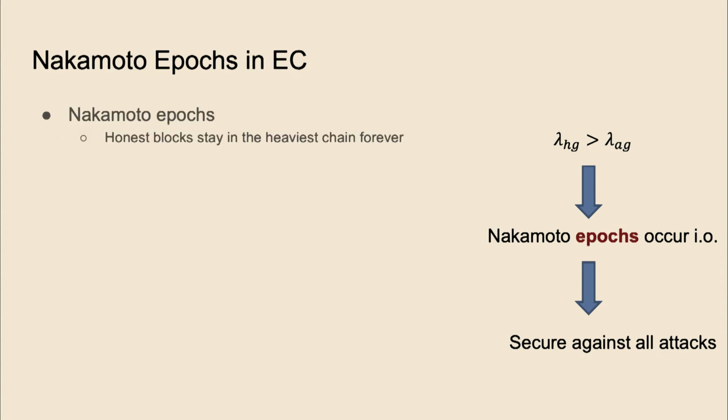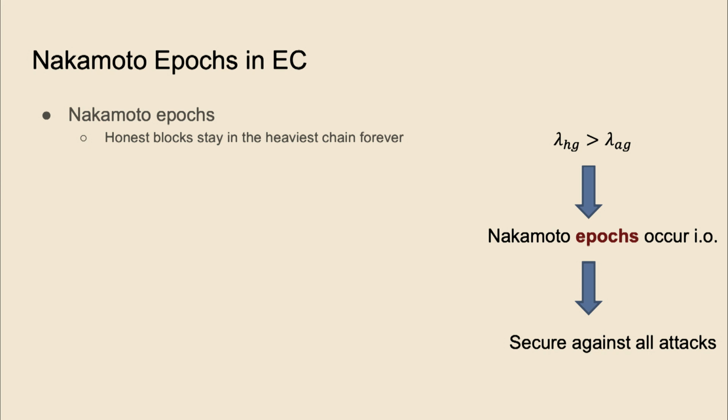And in this work, we extend the notion of a Nakamoto block into something called Nakamoto epochs. The key step of this extension is to identify a deterministic sufficient condition for an epoch to be a Nakamoto epoch.